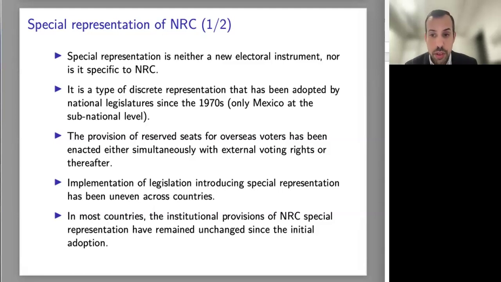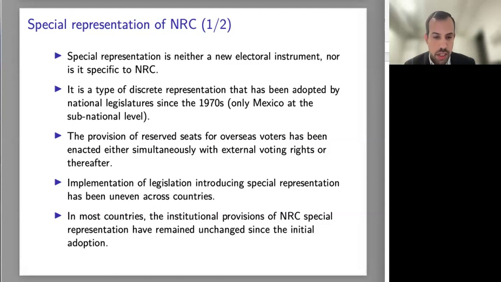This type of special representation has been long adopted by national legislators since the 70s, beginning with Portugal, the pioneer case, and only Mexico has adopted and implemented this provision at the subnational level.